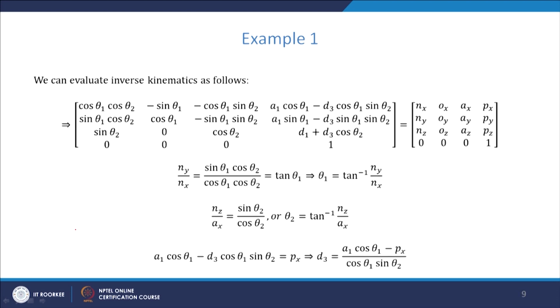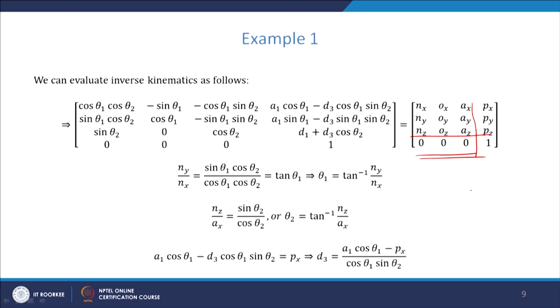Now, if we equate the end effector frame with respect to the base frame to a homogeneous transformation, by giving this n x, n y, n z and so on, the first 3 by 3 matrix is a rotational matrix, and then the fourth column gives the shifting of the origin with respect to the base frame.